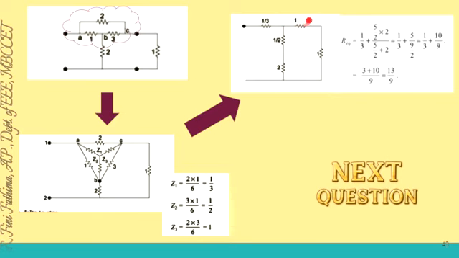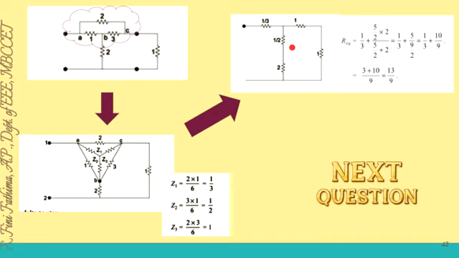How can we solve this circuit? This 1 and 1 are in series, so there is a 2 ohm. This 2 and a half are in series, so 2 and a half. Then 2 and 2 and a half are in parallel. We multiply 2 into 2 and a half divided by 2 plus 2 and a half. 2 and a half is 2.5, or 5 by 2.